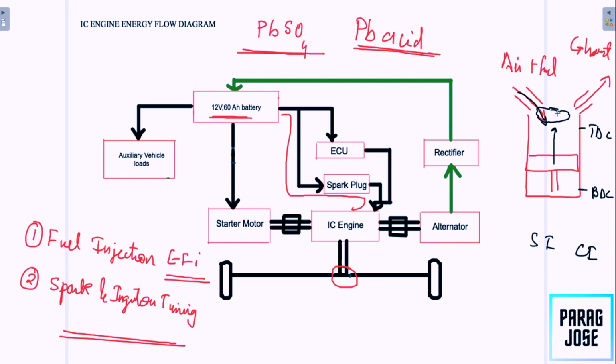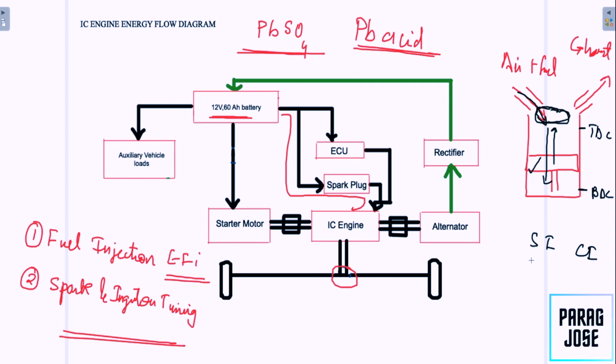This explosion pushes the piston down to its bottom dead center position. It's very critical that this explosion happens on time and properly, because if it doesn't, it can damage the piston head as well as the entire operation.